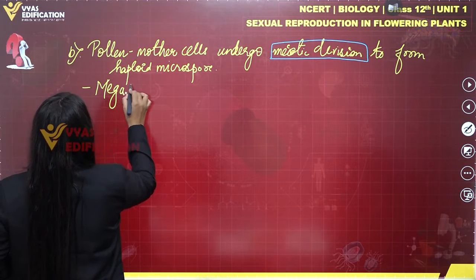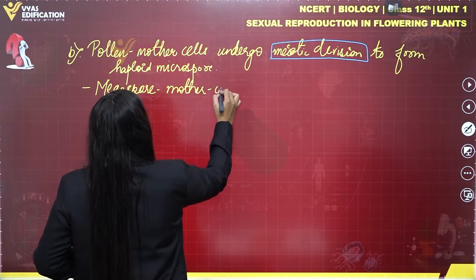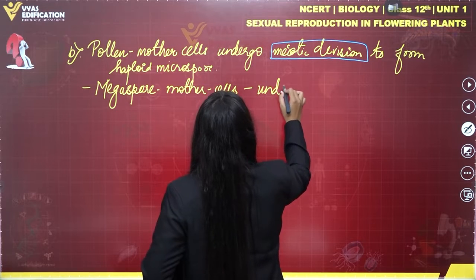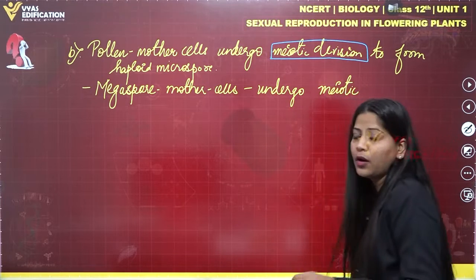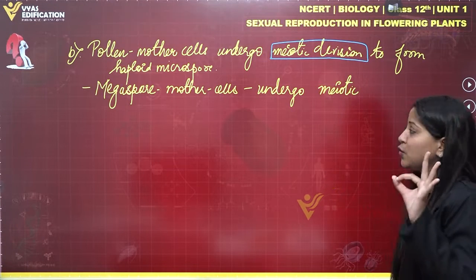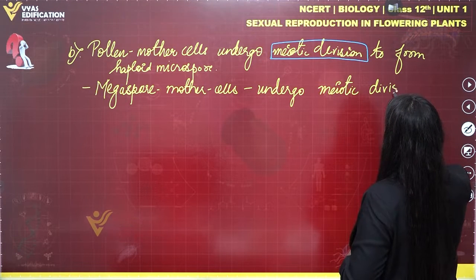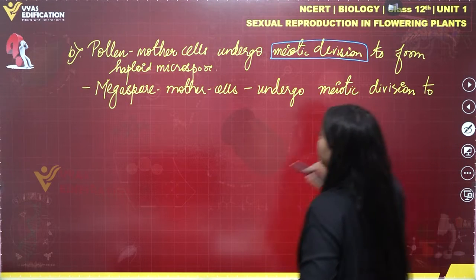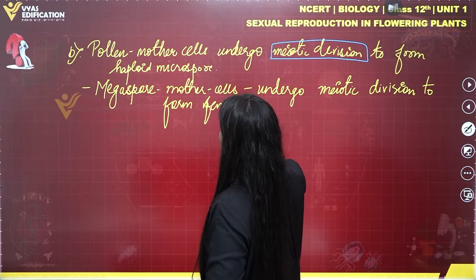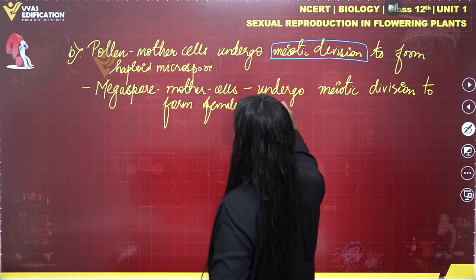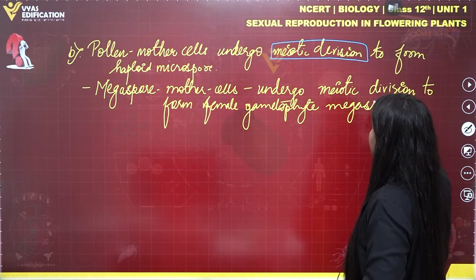And in case of megasporogenesis, megaspore mother cells also undergo meiotic division, which is reductional division. These two events are taking place through reductional division. So megaspore mother cells also undergo meiotic division to form female gametophyte or megaspore.